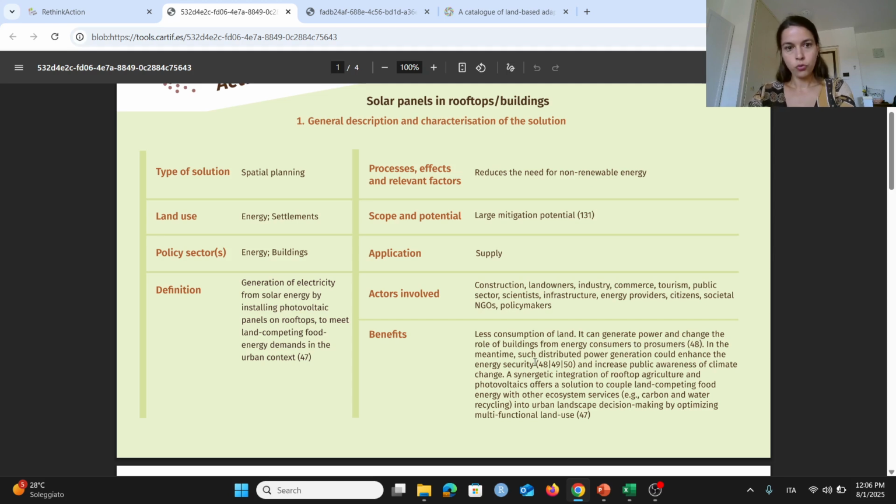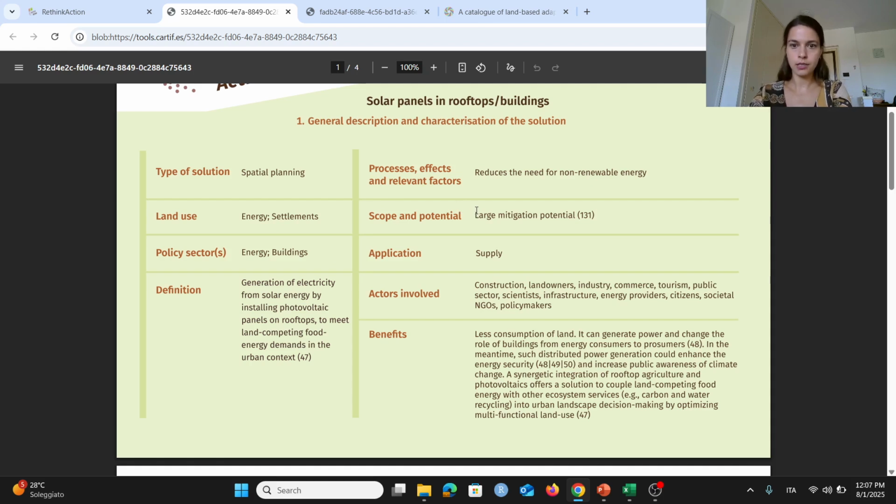So it has to do with spatial planning in the sense that it reduces the need to convert land for solar energy production. Then we know that it deals with the energy sector and buildings. We have a definition of the solution, and we also have information on the scope and the potential.